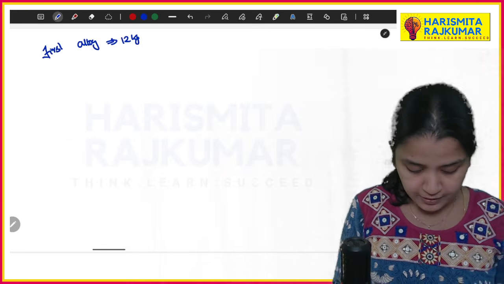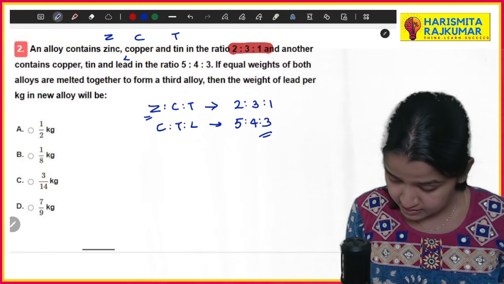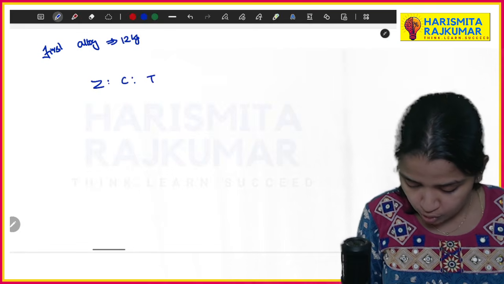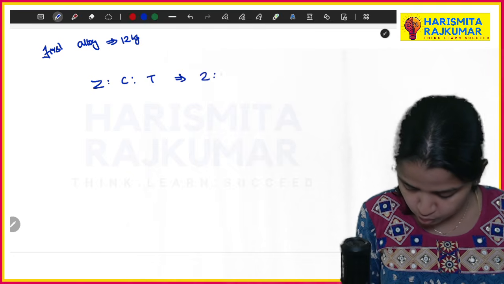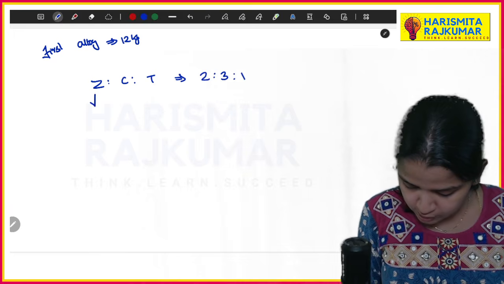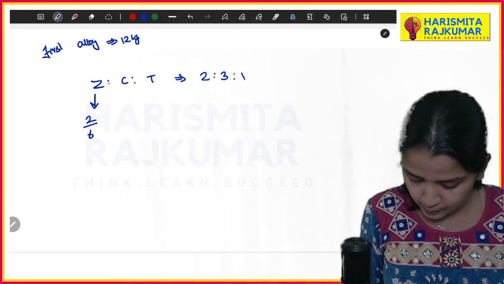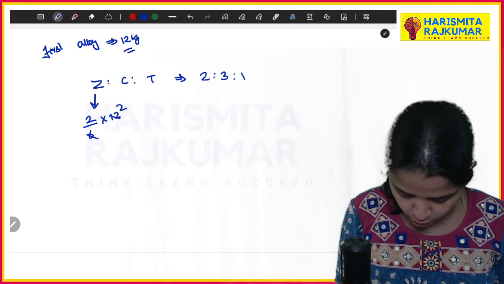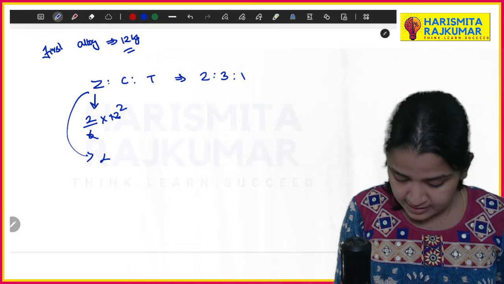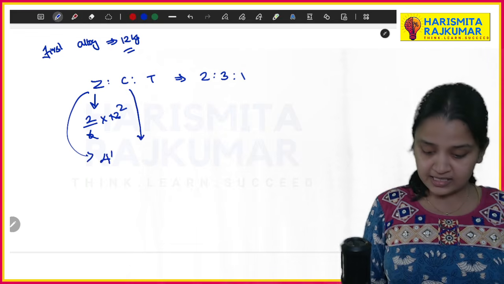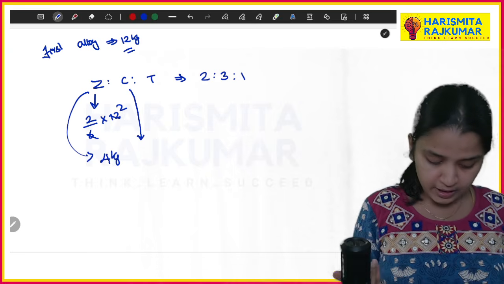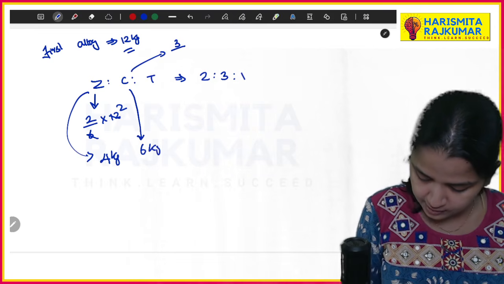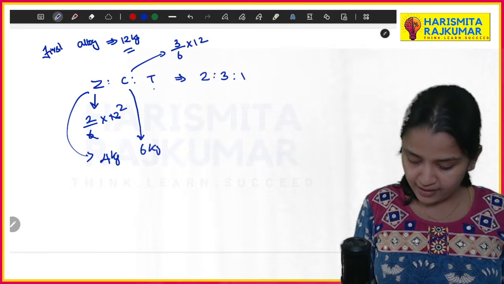First, I'm finding the kg of zinc in this ratio, Z is to C is to T, which is 2:3:1. Zinc is 2 by the whole composition 6, into 12, the first alloy, so Z will be 4 kg. Similarly for copper, it is 3 by 6 into 12, which is 6 kg.